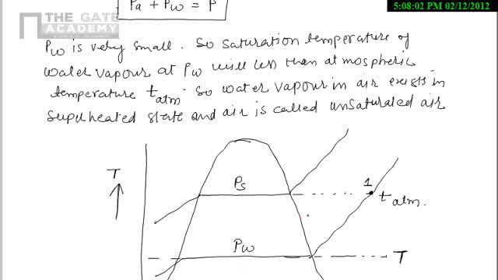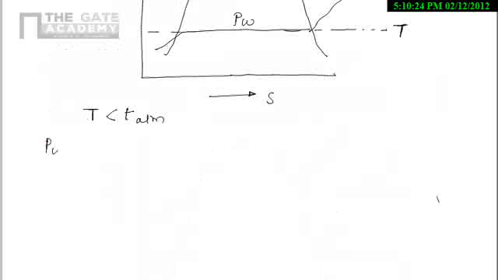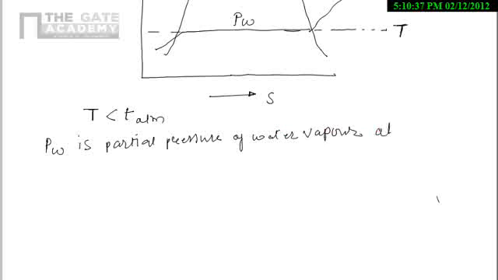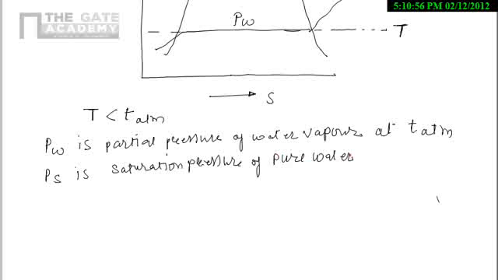Here I can write these two pressures: PW is the partial pressure of water vapor at atmospheric temperature, and PS is the saturation pressure of pure water at atmospheric temperature.